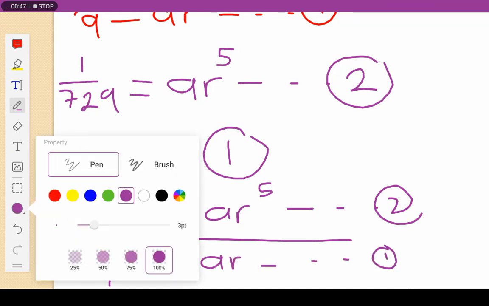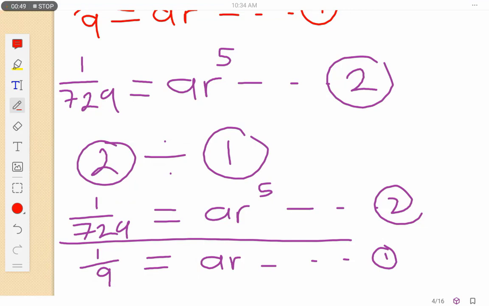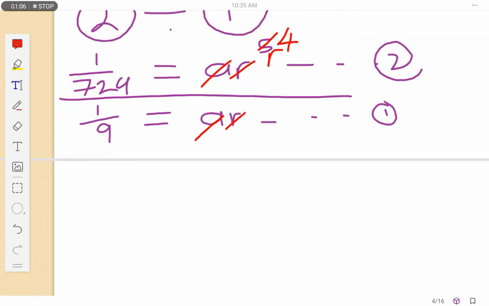We are going to divide like this, such that a can go into a and r can go into r, and we will remain with r to the power of 4 on the right-hand side. On the left side, we have 1 over 729 divided by 1 over 9.